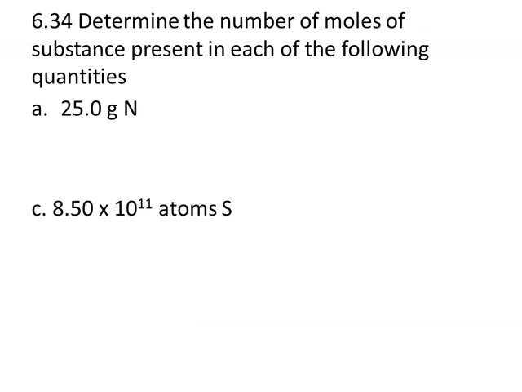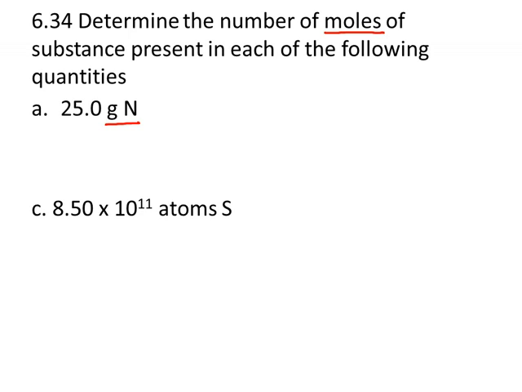Number 34. Determine the number of moles of substance present in each of the following quantities. So I'm looking for moles, and I'm given in A grams of nitrogen. So I have to think, do I need Avogadro's number for this? Well, no, I don't. I don't have atoms or particles or molecules or formula units or ions or any of those things that Avogadro's number has. In fact, I only need a relationship between grams and moles, which I have from the periodic table.